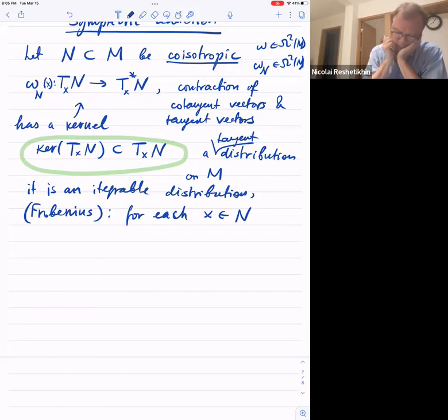Yes, so we have a tangent distribution on N. That's what we will be using. It's an integrable distribution.